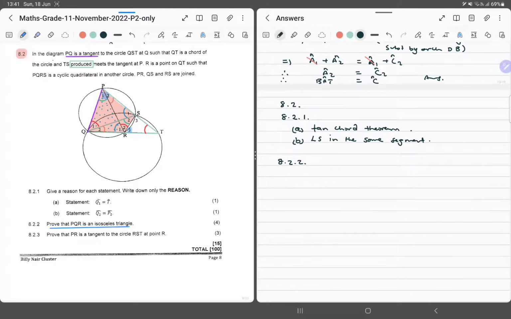So that is the triangle of our interest, the one that is stippled. Now we can see here we have a bit of work. Okay, now how do we prove that?